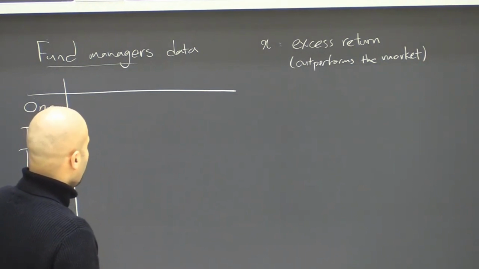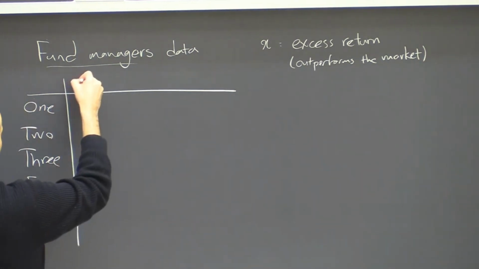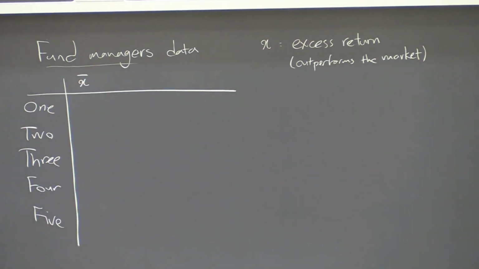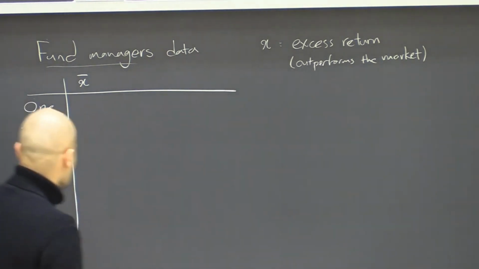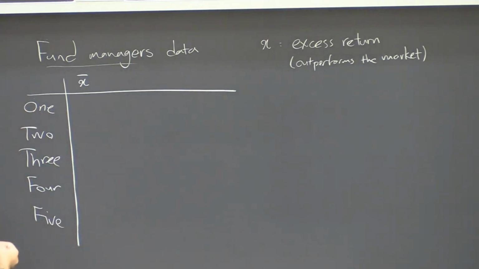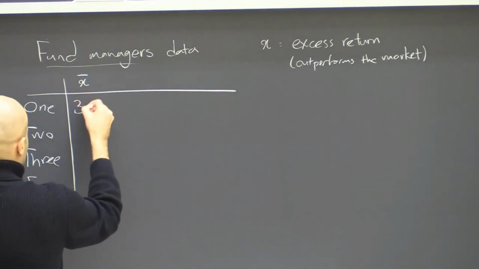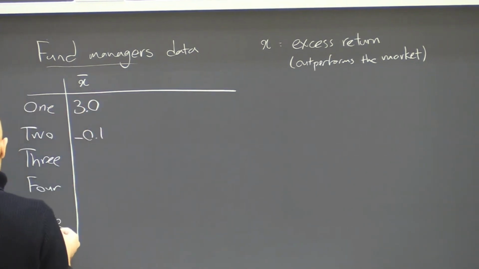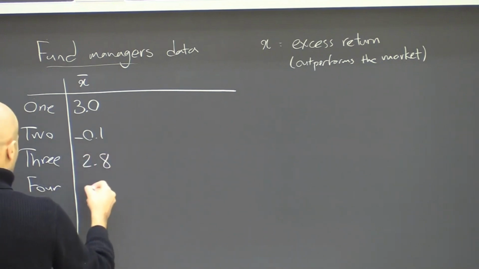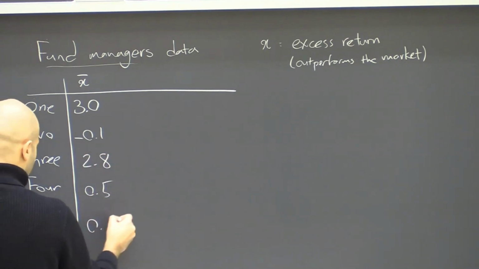So for each of these fund managers, we have some x bar, which is the average of the excess return of the funds that they manage. So the excess return for fund manager 1, I want to just go with the numbers in your textbook, it's 3. For fund manager 2, this variable of interest, the average is minus 0.1, then we have 2.8, then we have 0.5 and 0.3.